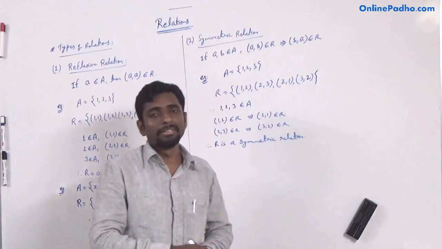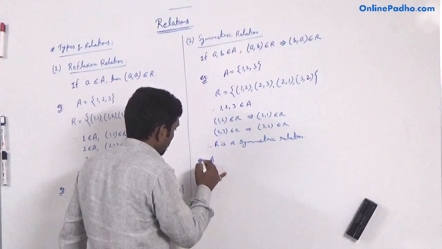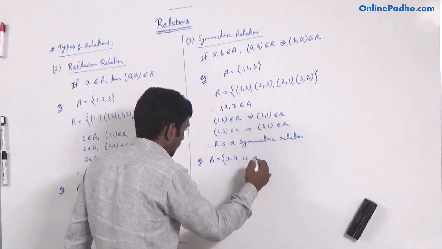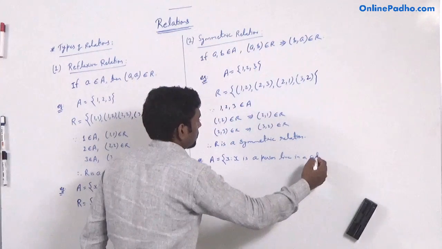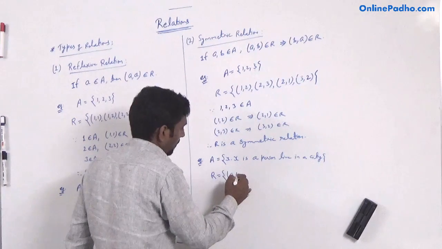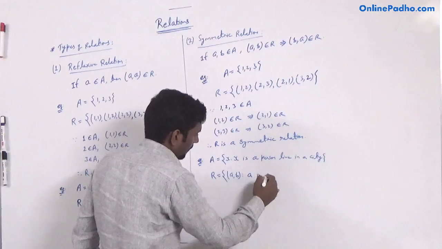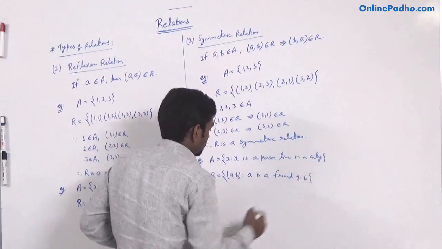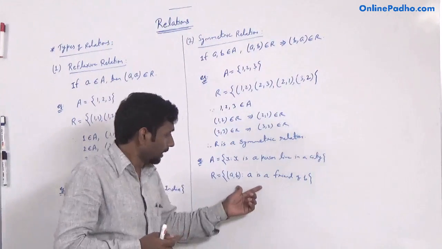Now we can take a practical example for this, right? Let us see the same example. Let set A be such that x is a person living in a city, and R is the relation with ordered pair (A, B) such that A is the friend of B. Is it a symmetric relation?